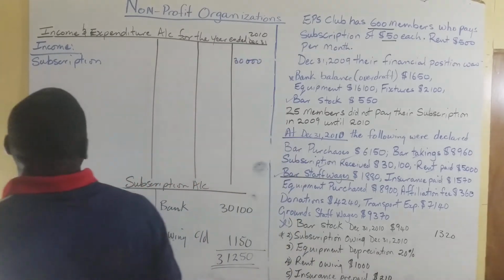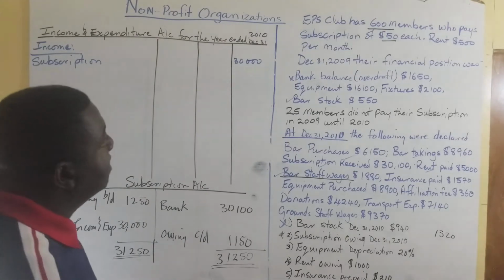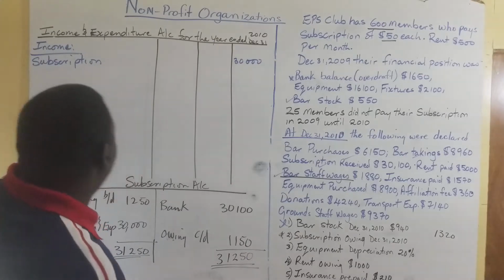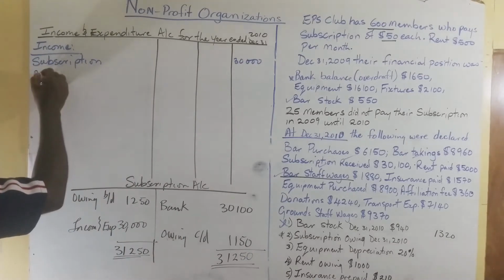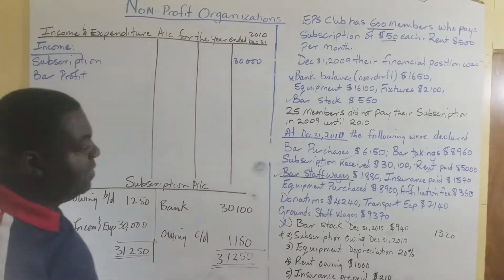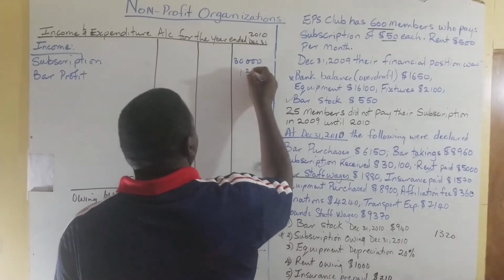Right, subscription. Whatever income does the club have? The club also, we did with bar profit. They had a bar profit, and the bar profit was 1,320.